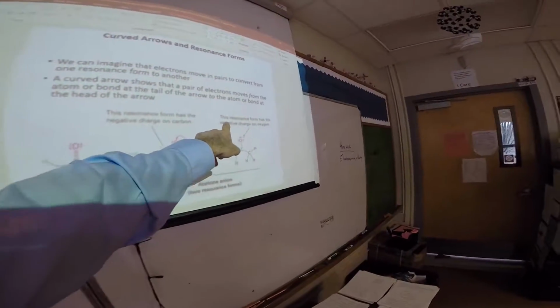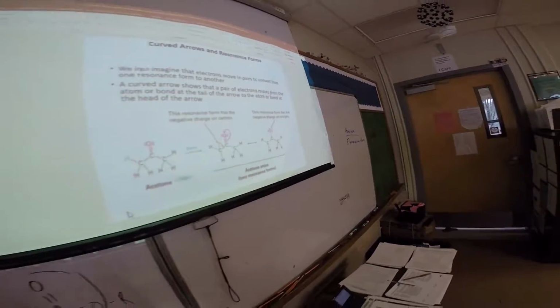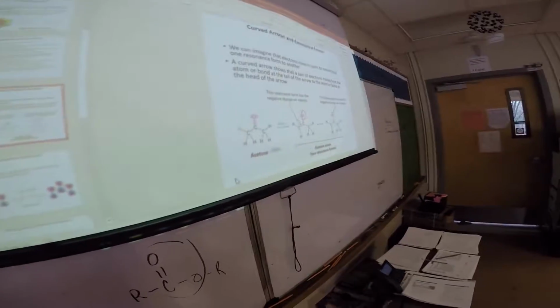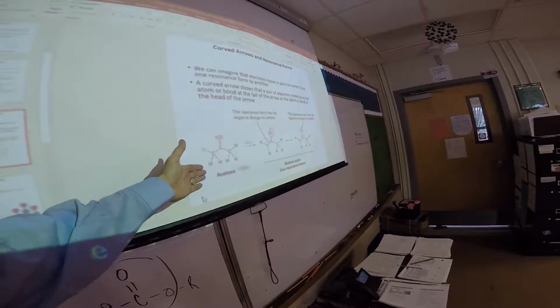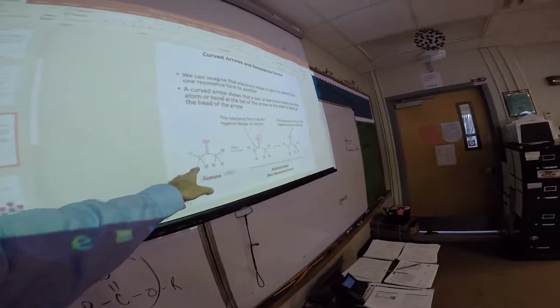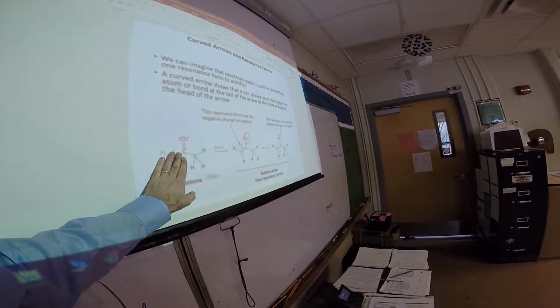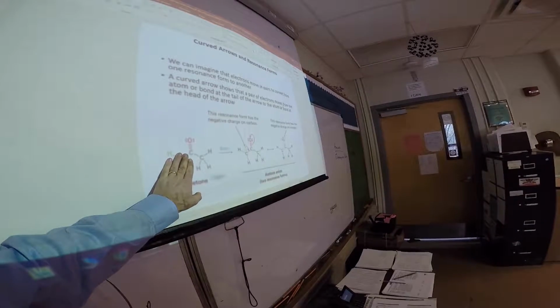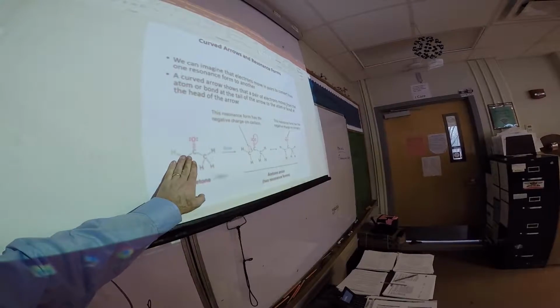And this resonance form has a negative charge on the oxygen. So if you're looking at a structure like acetone, the question is, where's the electron charge? This is important because it's going to determine the nature or the characteristic of the acetone, how it's behaving. Where the charge is, remember, electron has to do with behavior.